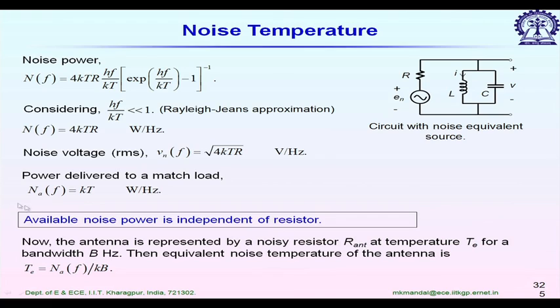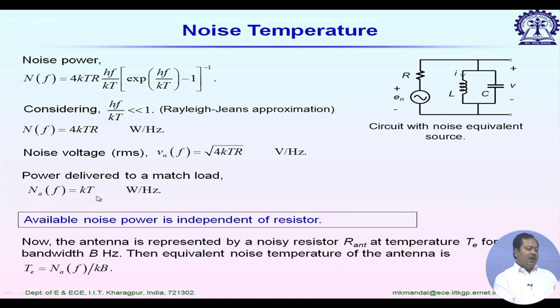So maximum power that can be extracted from this resistor is given by the maximum power transfer theorem when the load is matched to the source resistor, or if we connect another resistor of the same value R. And in that case, if we calculate the noise power that is being absorbed in that load second resistor, it becomes independent of resistor.